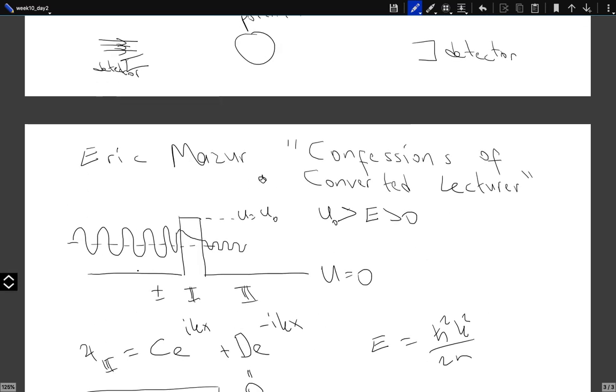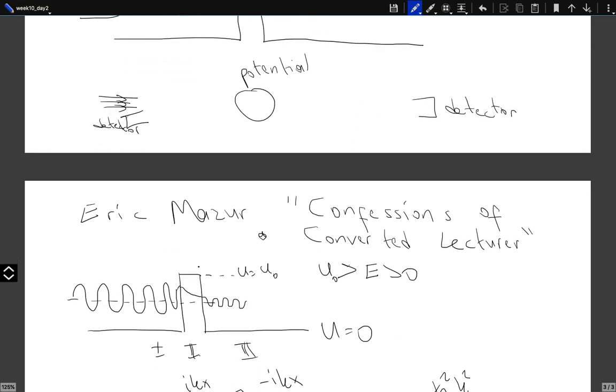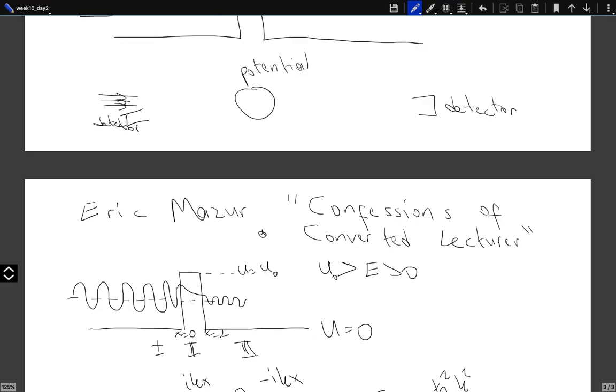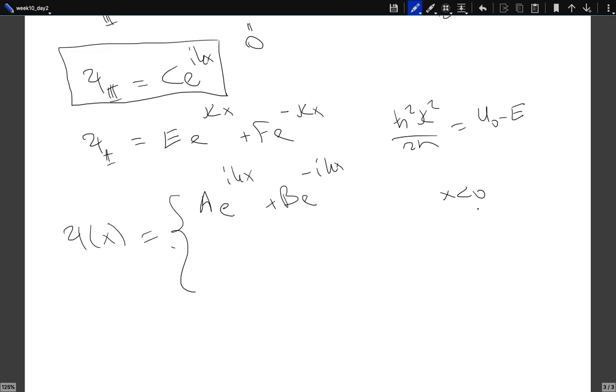So now we have this problem. Let's say this is x is equal to 0. This is x is equal to L. Now the complete wave function is this one: a times e to power ikx plus b times e to power minus ikx if x is less than 0.